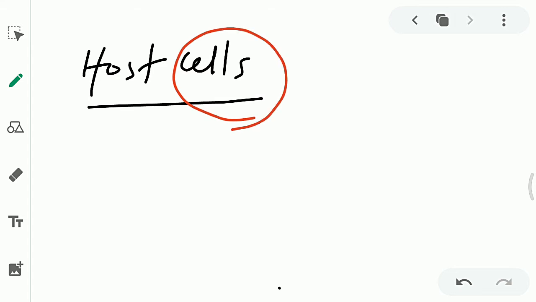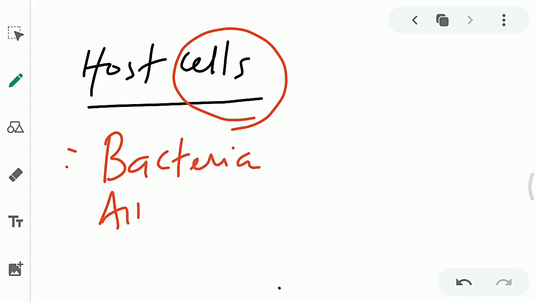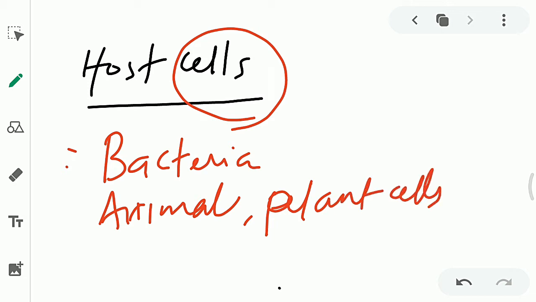There are different bacteria and different animal cells and plant cells which can be used as host cells, but among which हम किसको लें? और अगर एक सेल को आप सेलेक्ट कर रहे हैं तो why would you select that? Okay, so these are the things which we are going to discuss now.